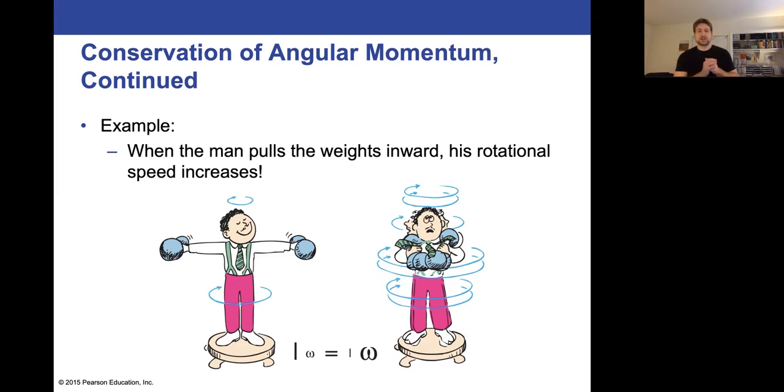We see this when we watch figure skating. A spinning figure skater starts the spin with arms outstretched, and then brings arms in and spins faster. This is what's happening. It's the conservation of rotational momentum.